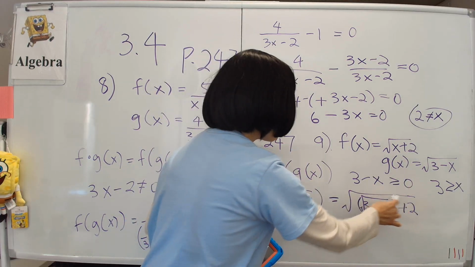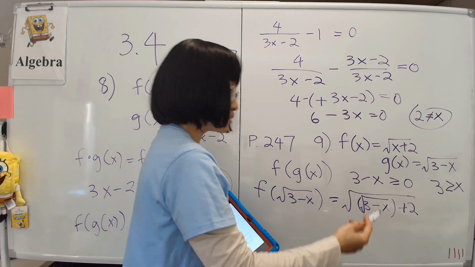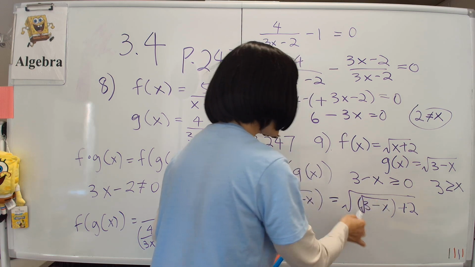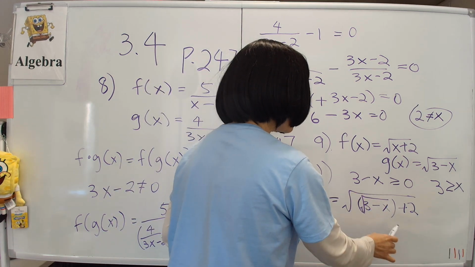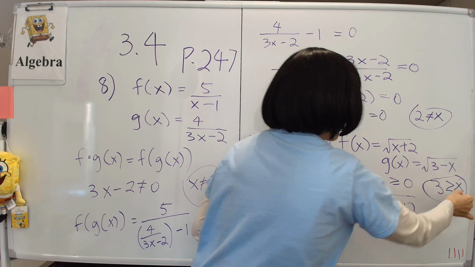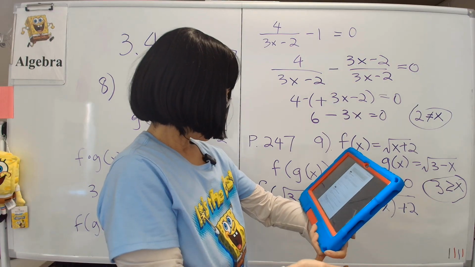It will probably never even be equal to 0 because we're adding 2. So this will always work. So the only condition we need for this problem is x is less than or equal to 3. And that should be the answer.